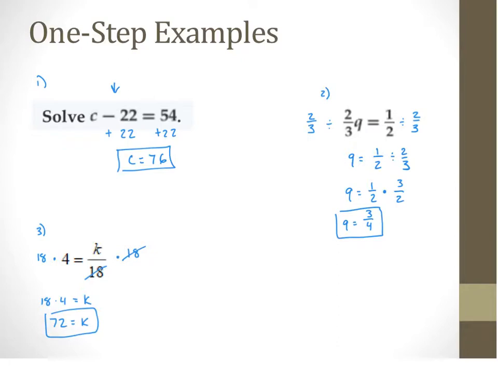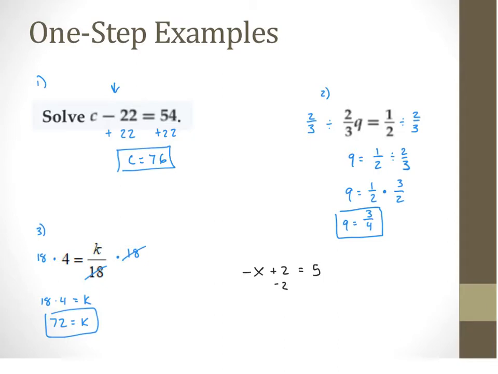These are the basic kind of one-step examples on how to solve equations. The only other example you could have is if you have a negative variable. So let's say we have negative x plus 2 is equal to 5. All right, so in order to solve this, you would subtract the 2. So you need to get x by itself.